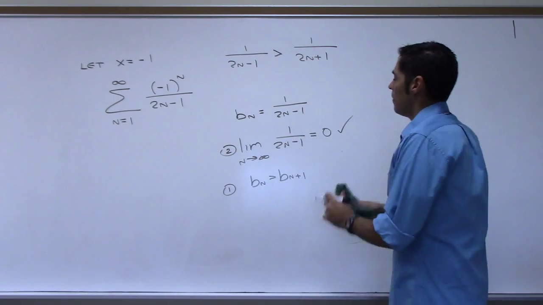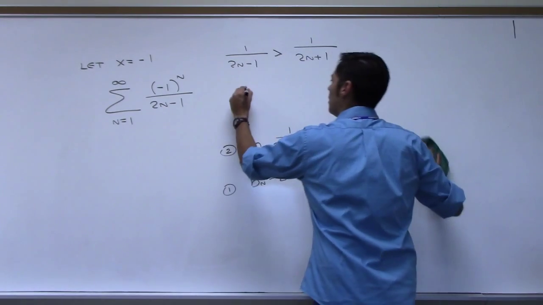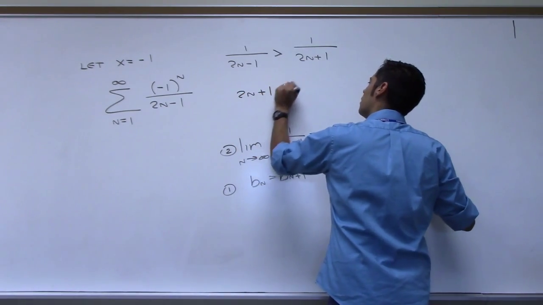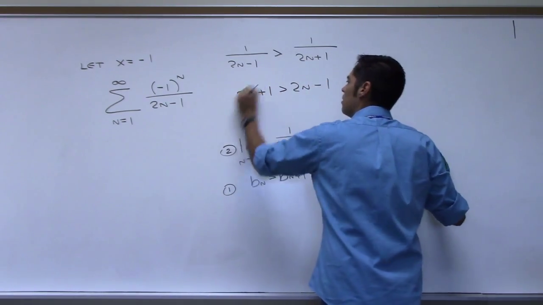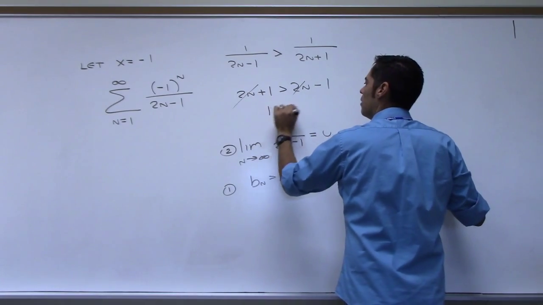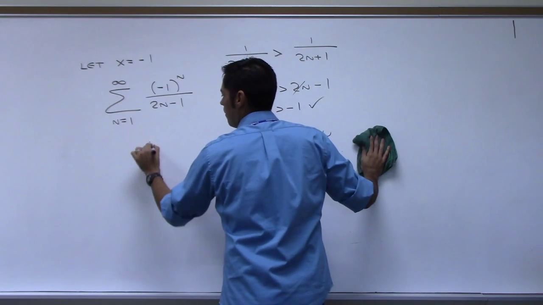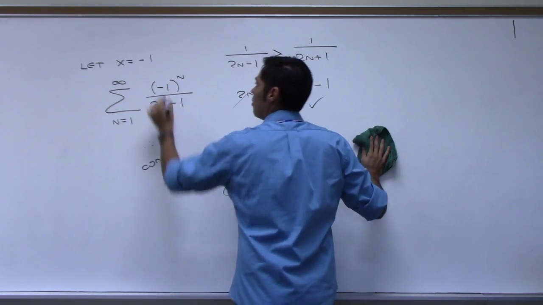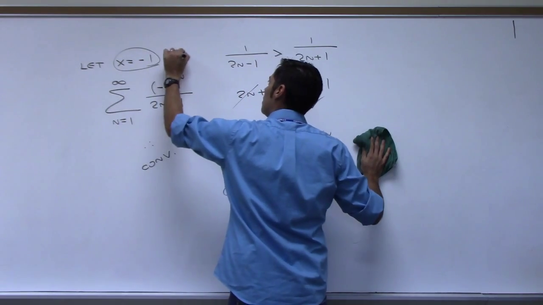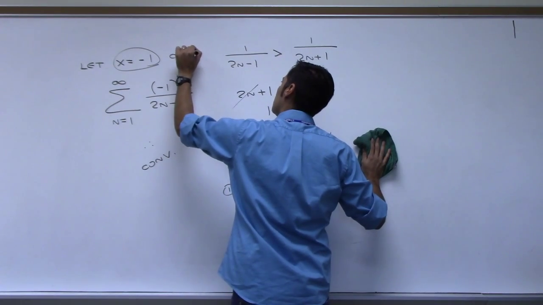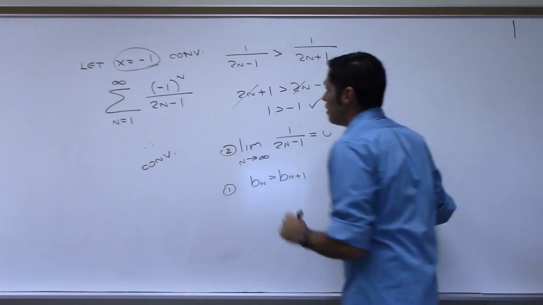And then go ahead and clean this up. 2n plus 1 greater than 2n minus 1. Subtract 2n from both sides. 1 greater than negative 1. Check. So what does that mean? Therefore, it converges. So if I let x be negative 1, this converges, which is what we want.